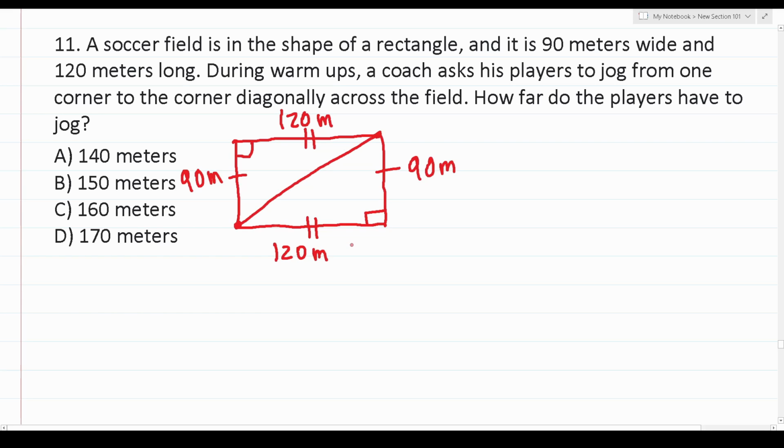And we can actually use some information about one of these right triangles to figure out what this distance from corner to corner is. That is to say, we can actually use the Pythagorean theorem to figure out the distance that these players had to jog. And let me pull out one of these right triangles just to show you that.